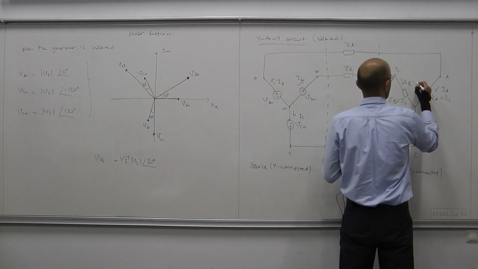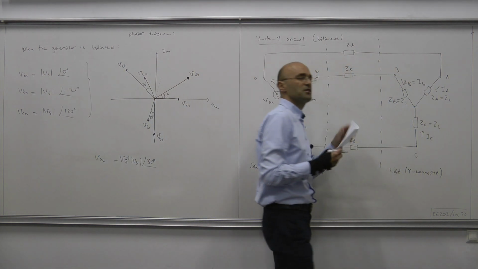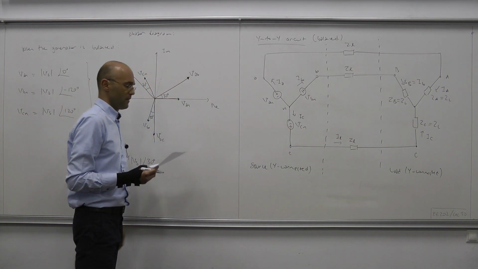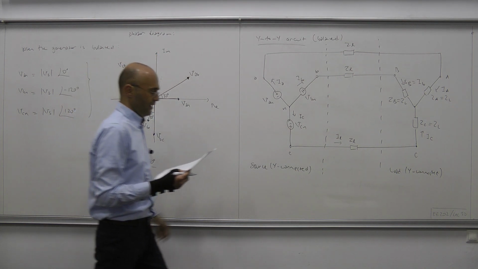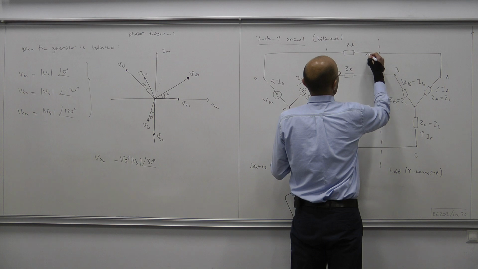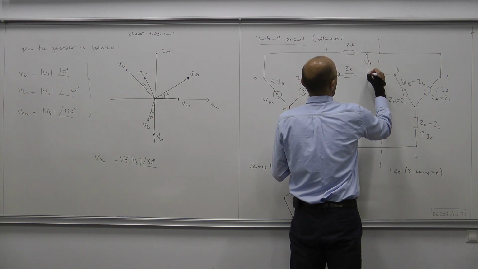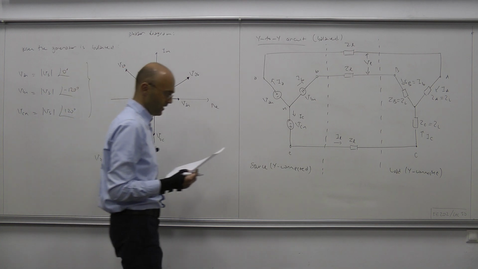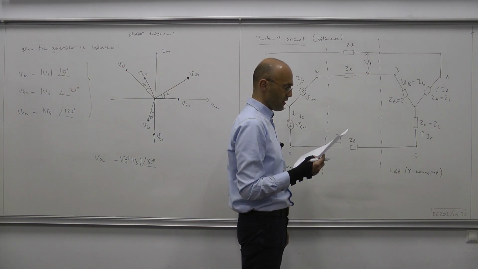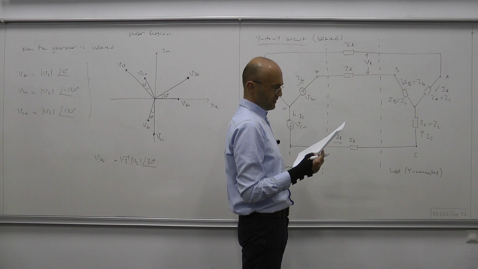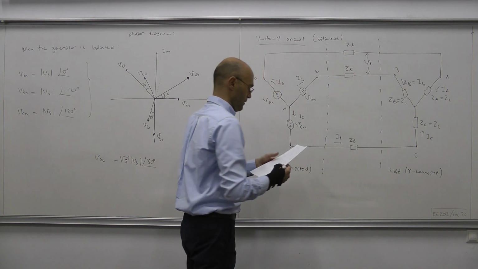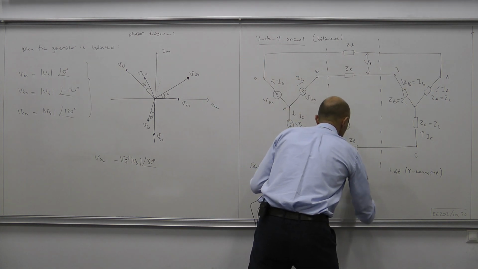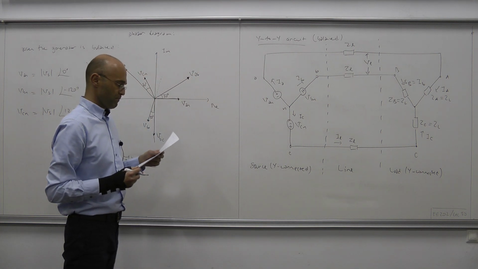So I capital B therefore equals I lowercase b, and the same goes for the other currents. And this voltage here is called the line voltage or line-to-line voltage, and this is the line current, and this here is our line.